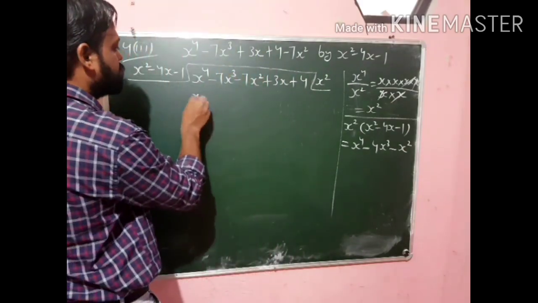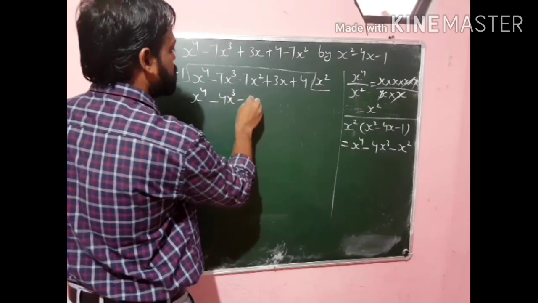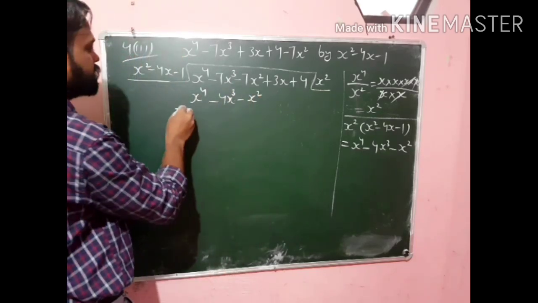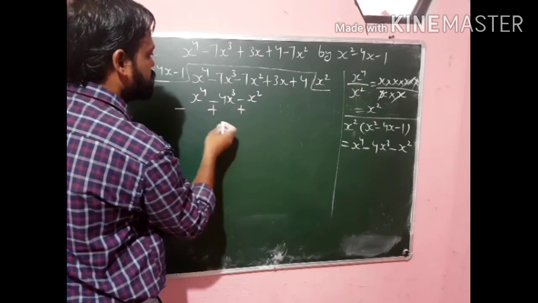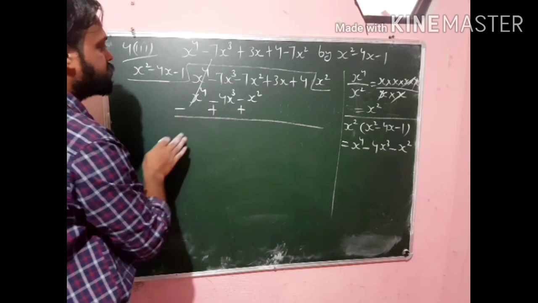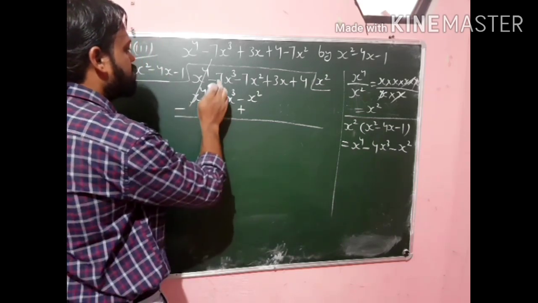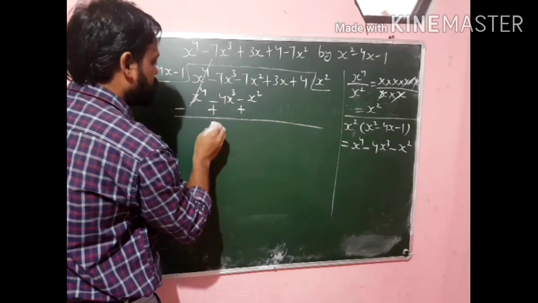Write down this here, it will become x raised to power 4 minus 4x cube minus x square, and change the sign, it will become minus, here is plus, here is also plus. So now this term is of opposite sign, cancel this, and now you can see here this is minus 7 plus 4, plus minus is minus, 7 minus 4 becomes minus 3. Why minus?